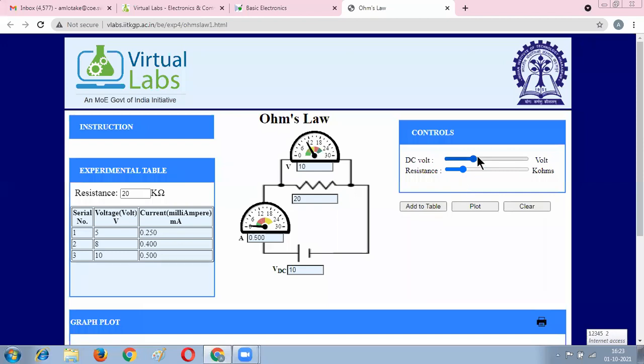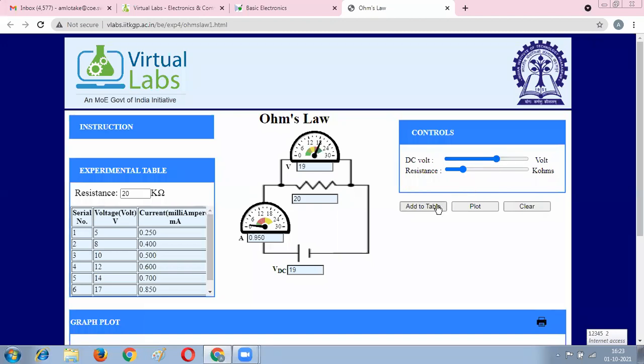Similarly, go for other readings. Like that, go for 6 to 7 readings: 12 volts, add like that. Similarly, for 14 volt, what will be your reading? Till 30 volt, you are going to vary. For 17 volt, what is that reading?